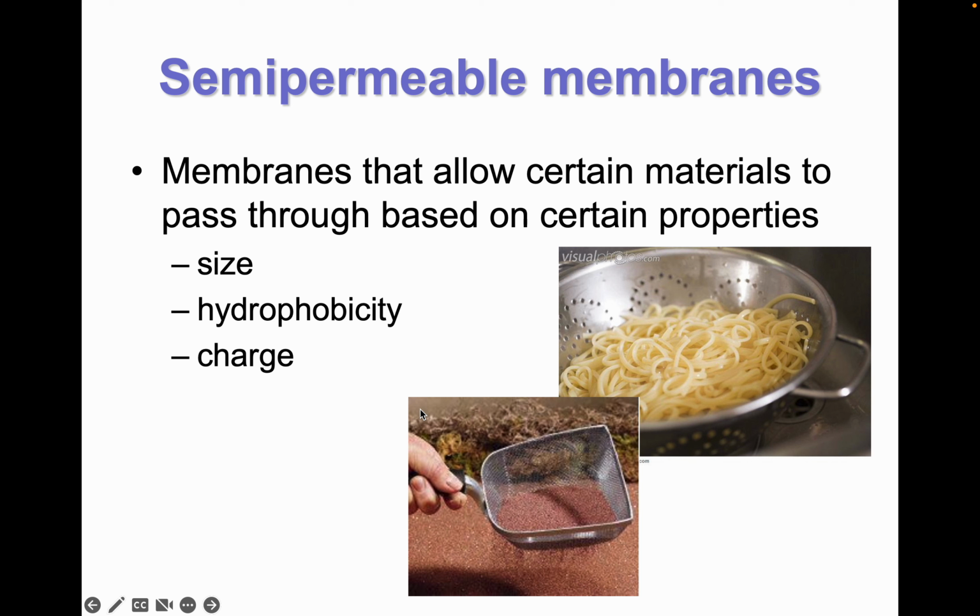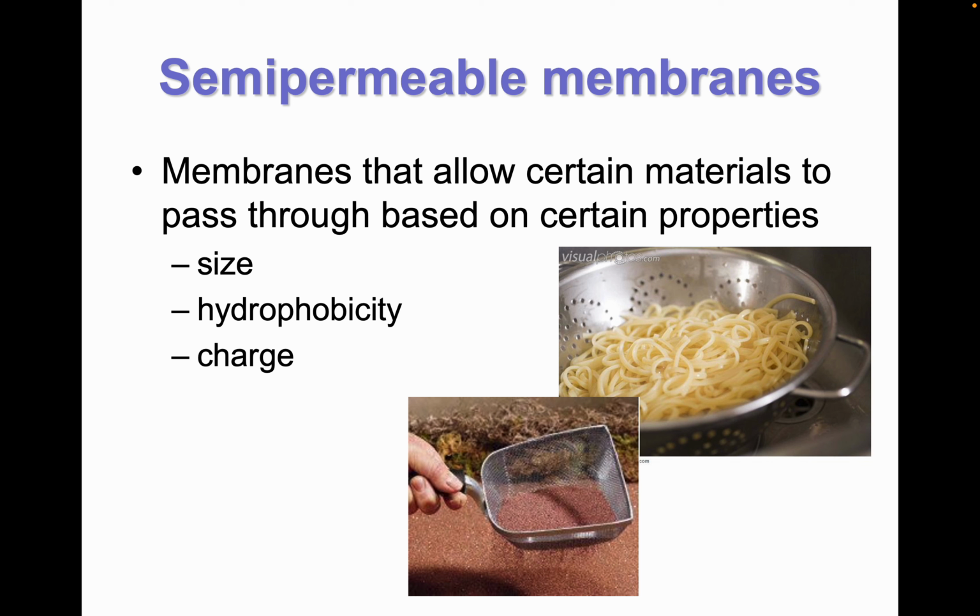A semi-permeable membrane is like a filter that allows substances to pass through while blocking others. As you can see in the picture, it is like a strainer or sieve that will filter some of the substances. It's semi-permeable because it permits the passage of certain molecules or ions based on their size, charge, and other properties.